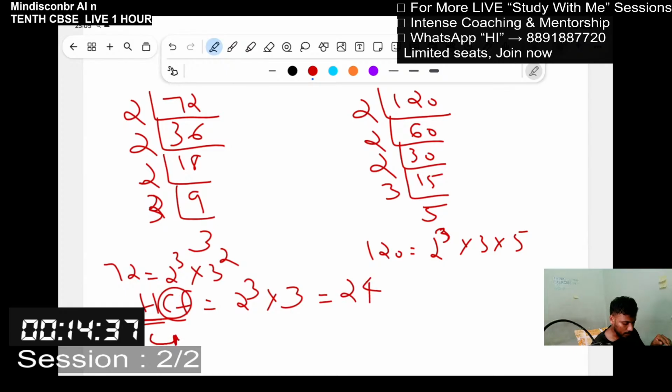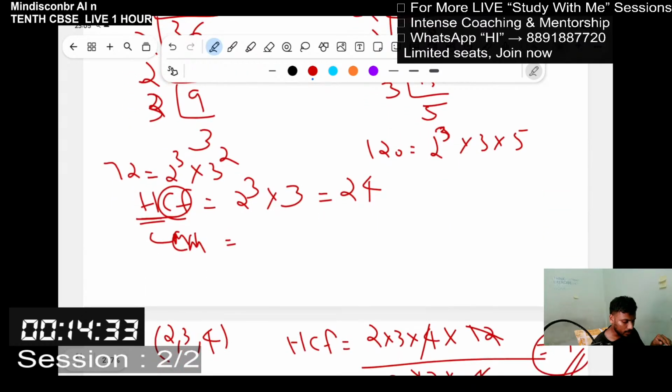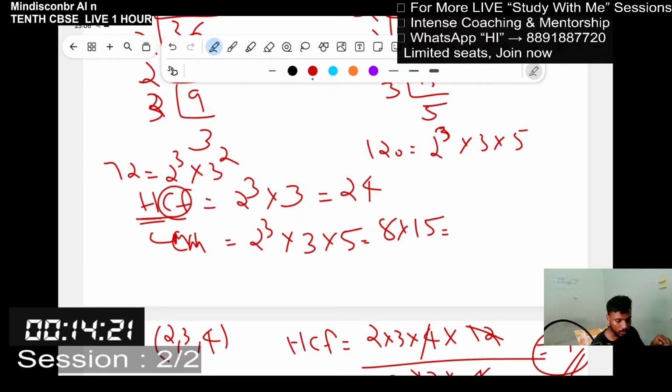Then coming to LCM. LCM is equal to 2 cube into 3 into 5. This 8 into 15 is equal to 120.